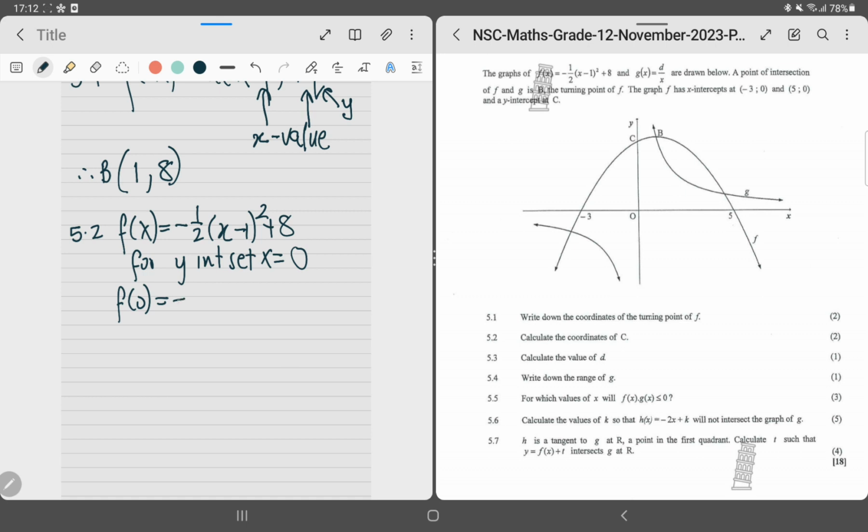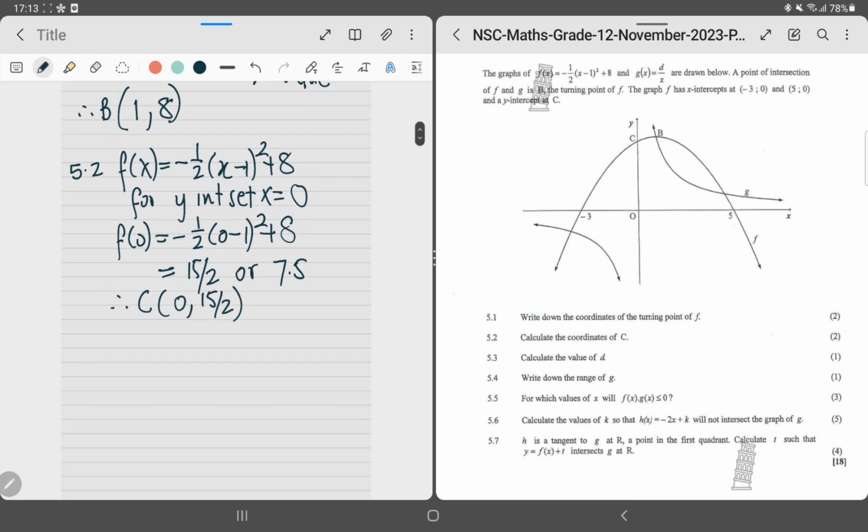So f of 0 is equal to -1/2 (0 minus 1) squared plus 8. I'm getting 15/2. The coordinates of C are (0; 15/2).